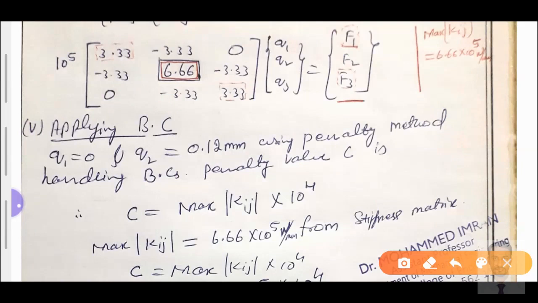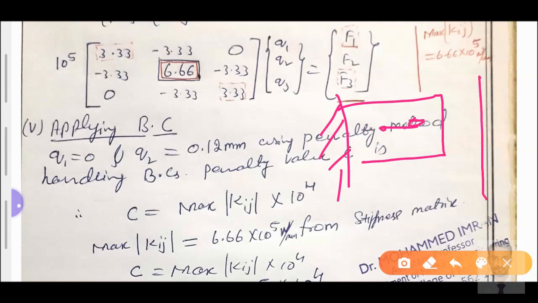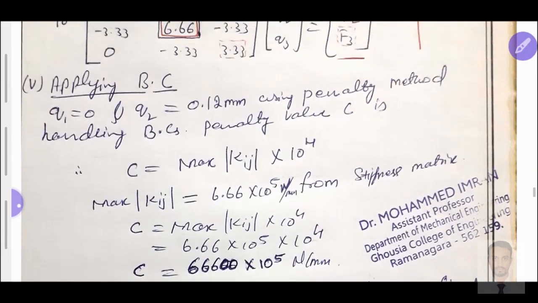We take the same characteristics as given. The element is fixed at this node, and the force is at mid. Then at node number 3 the restricted displacement given here is 0.12 mm.